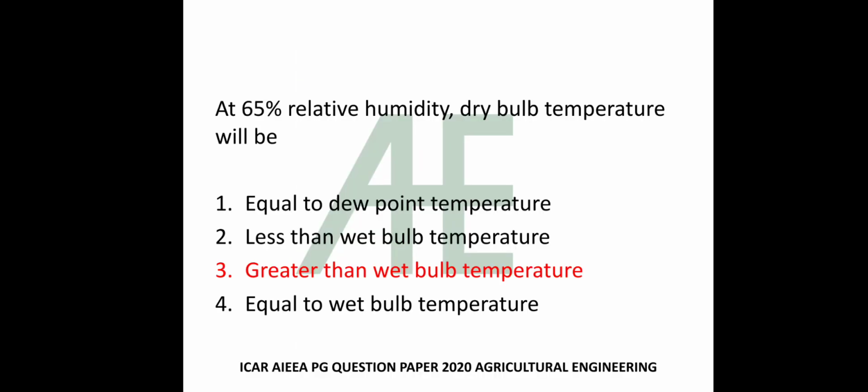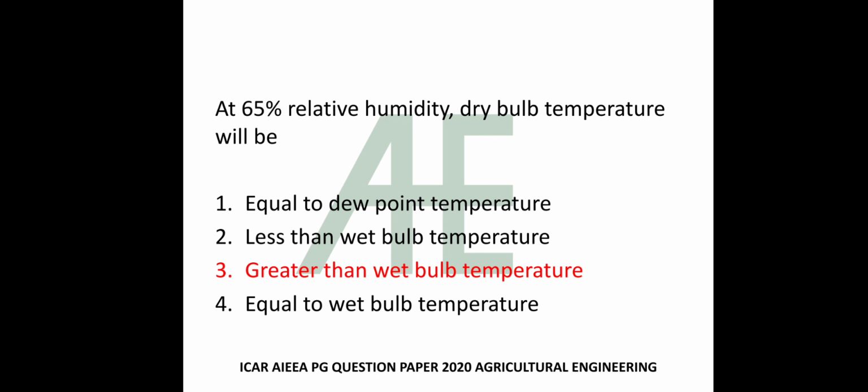Volume of water needed is equal to depth of water into area, so 0.12 into 12 into 10 meter cube, we will get 14.4 meter cube. Now we want to convert this into liters, so 14.4 into 1000 is equal to 14,400 liters. Now duration of irrigation is equal to volume of water divided by irrigation stream in liter per second, so we will get 14,400 divided by 30 is equal to 480 seconds, which is equal to 8 minutes.